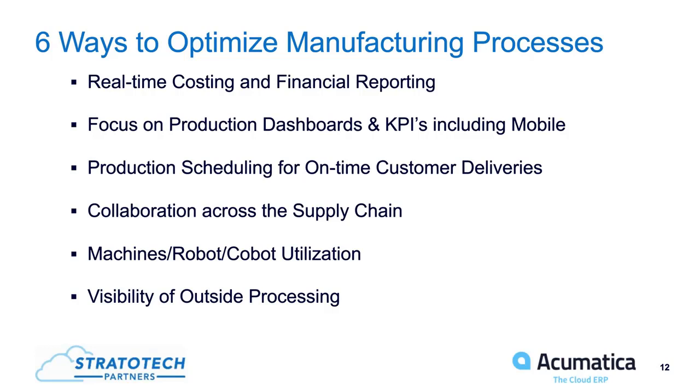That helps schedule production orders and get product delivered to customers when they want it, and hopefully improve your collaboration with your vendors across your supply chain. Get machines and cobots and other equipment scheduled along with your staff. The outside processing is quite smooth in Acumatica, and all of this activity then drives financial information back into the system for reporting purposes. So let me pause there.